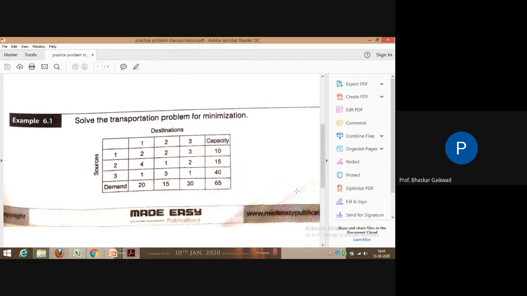So have you gone through this or not? In the capacity and demand, the first corner, in that first corner, have you made a square, and what is the value in that square? 10, sir. 10. Okay. Now after this, you can cancel that row, and then you have to go to the next corner.